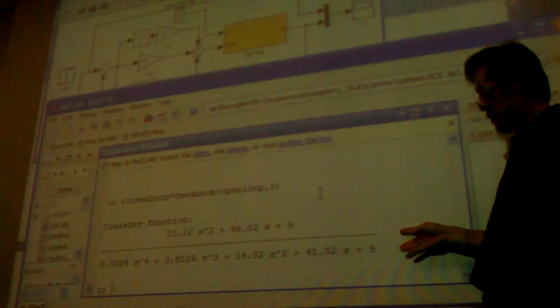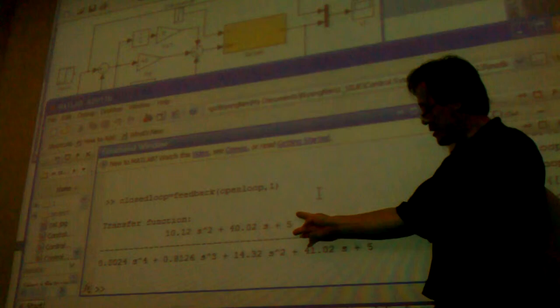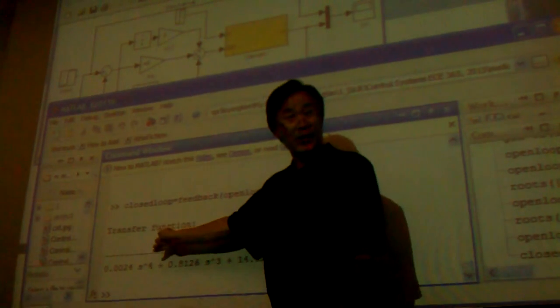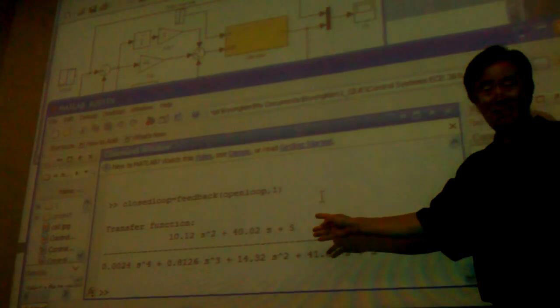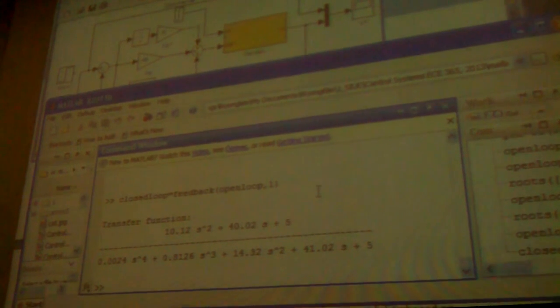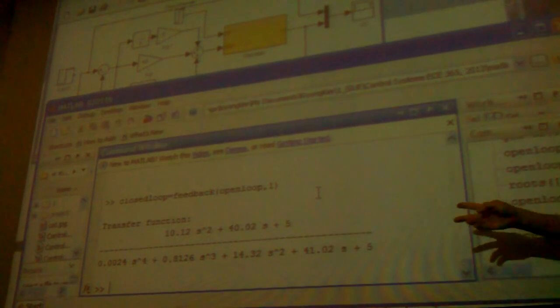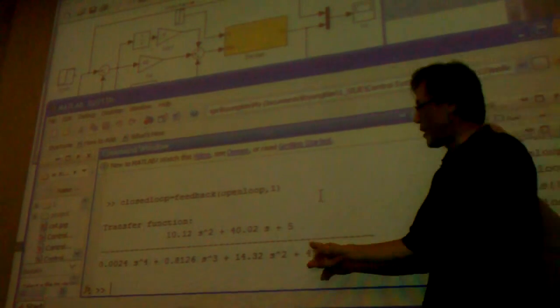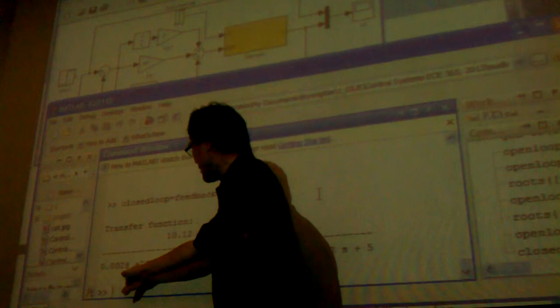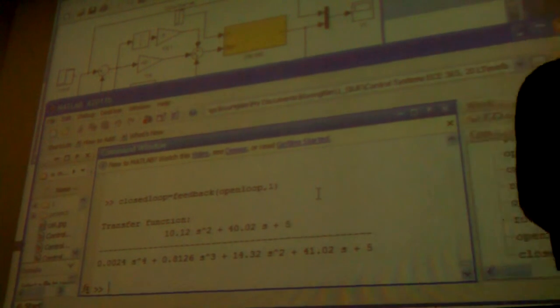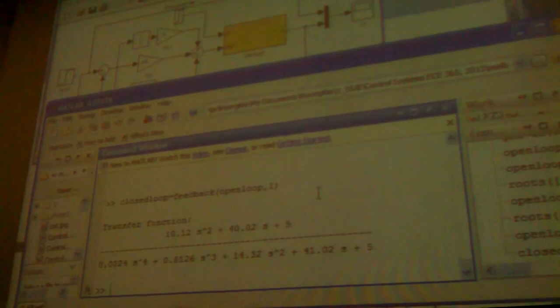From here, if you look it over, this is same as before. The open loop zeros do not change. Zeros always stay there. The only thing that changes is the pole. So you can find the closed loop poles based on this. How do you get it? Same thing. Good.